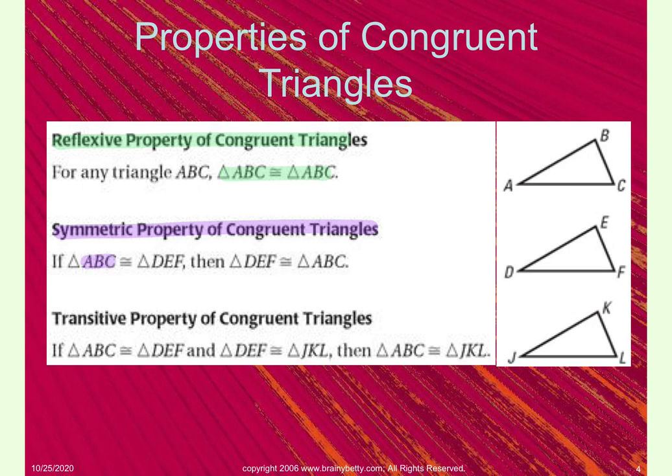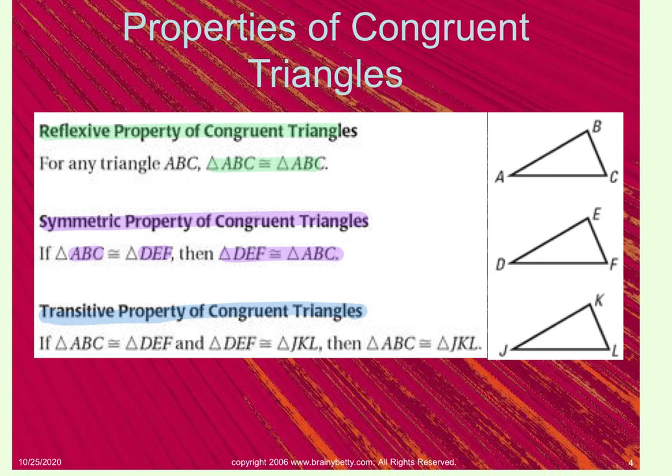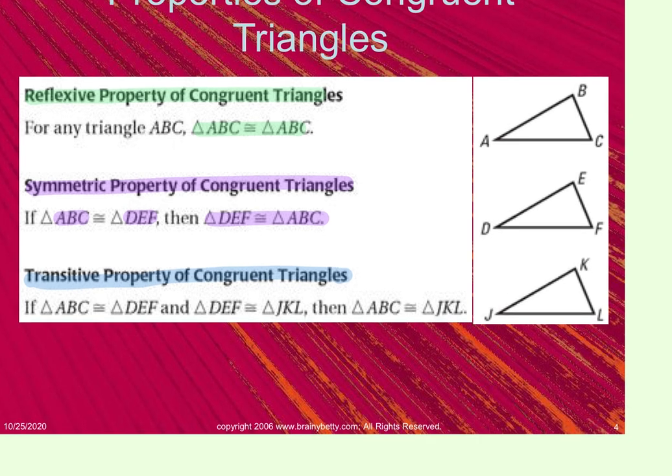If triangle ABC is congruent to DEF, then DEF is congruent to ABC. And the transitive property is the if and then statement. If triangle ABC is congruent to DEF and DEF is congruent to JKL, then ABC is congruent to JKL. You get to take out the part that repeats here.